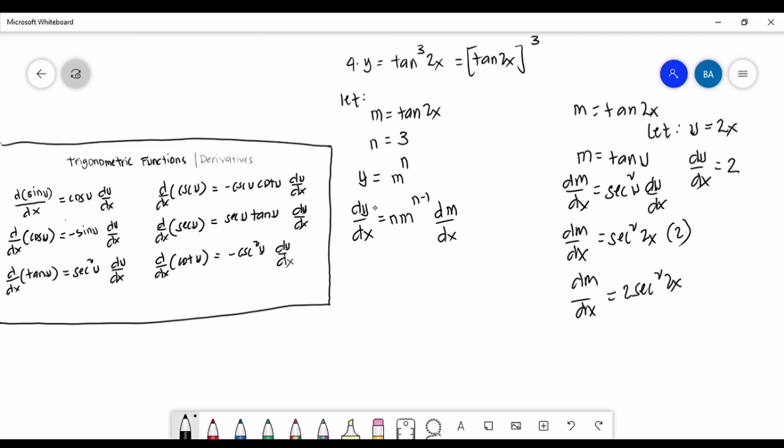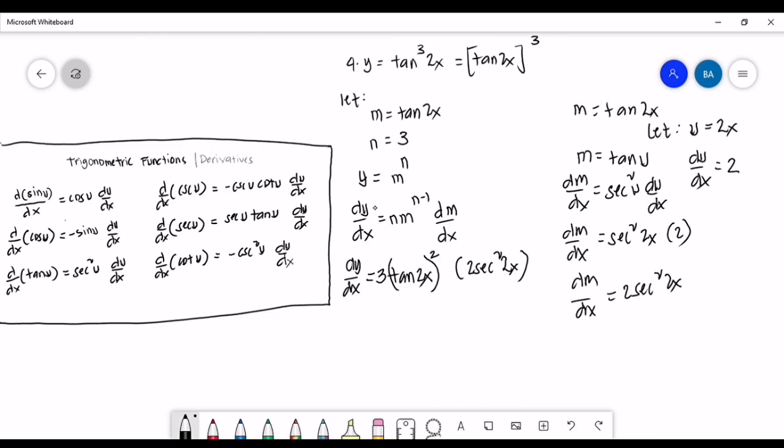So now we can substitute in our equation. Our dy dx is equal to, so let's go back, n is 3, m is tangent 2x, 3 minus 1, this is 2, and then our dm dx is equal to 2 secant squared 2x.